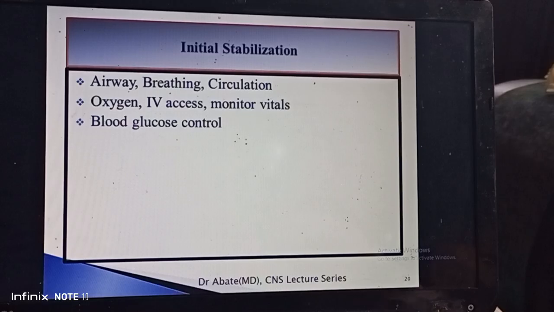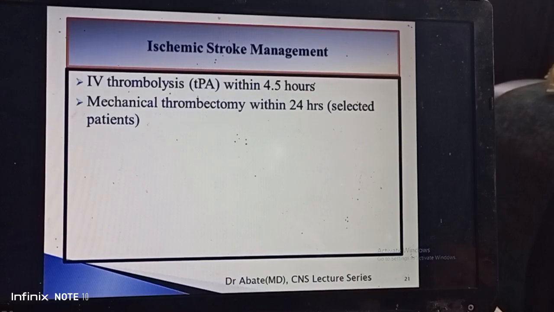The other thing is that your management approach is different based on the type of stroke. So before starting management for ischemic stroke or hemorrhagic stroke, it is important to differentiate. You have to identify whether this patient has an ischemic or hemorrhagic type of stroke, because the managements are totally different.